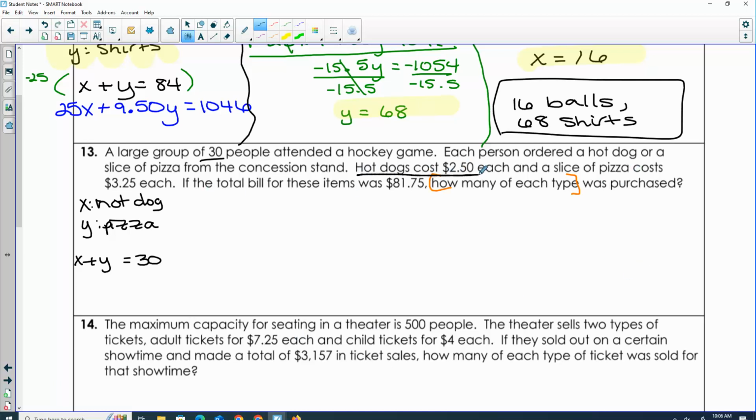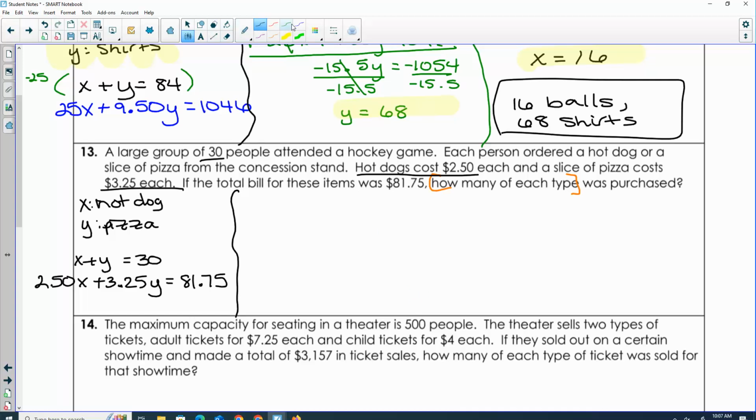Hot dogs are $2.50, so 2.50x, plus pizza is $3.25, so 3.25y, equals the total money, my total cost, which was $81.75. How did we do on that part?